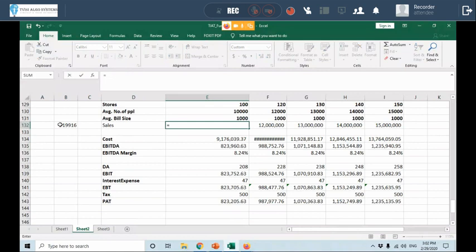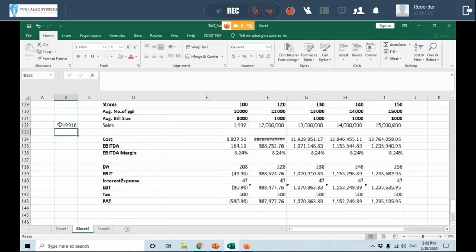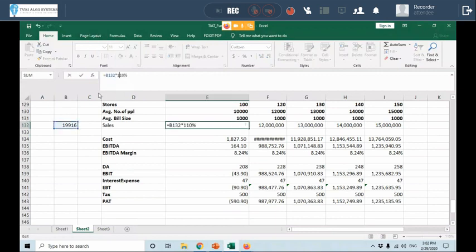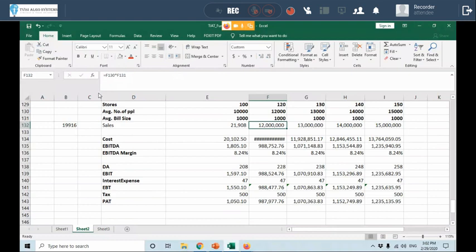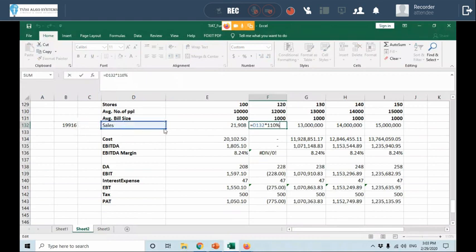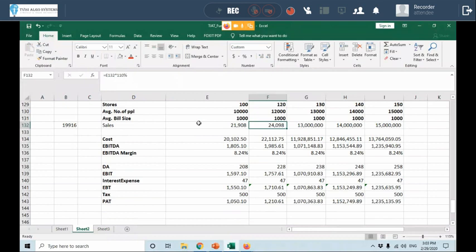I am giving a growth of say 10% on that. Just a rough figure. Same thing I am doing here. So every year my sales is going up by 10%. Whatever assumptions we took, this is just rough.